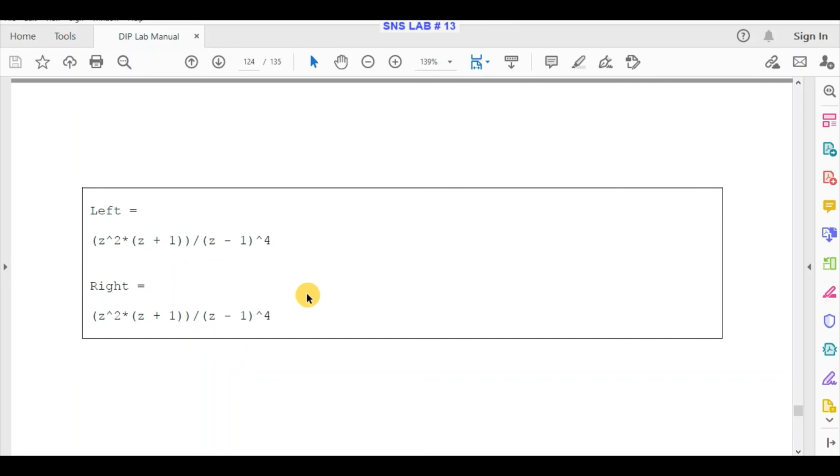In this way, after running this script, we can see the results, and the summation property can be proved using MATLAB in this way.